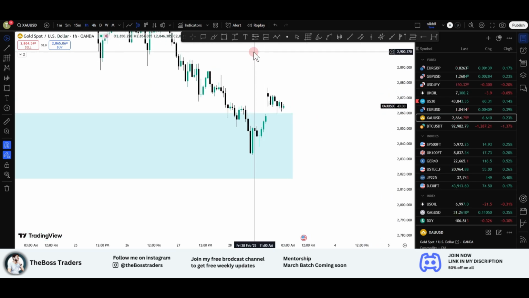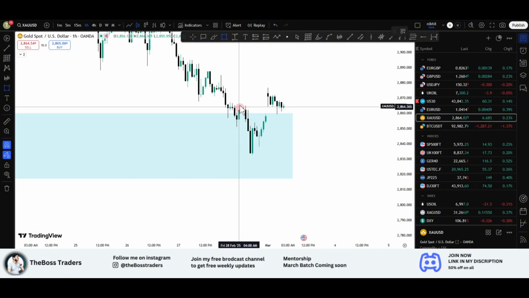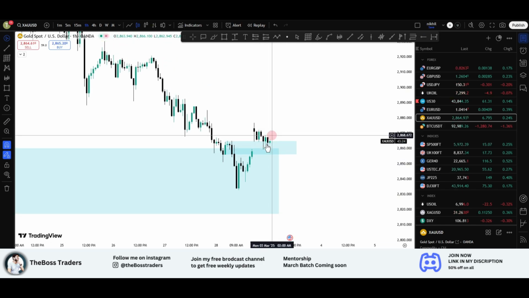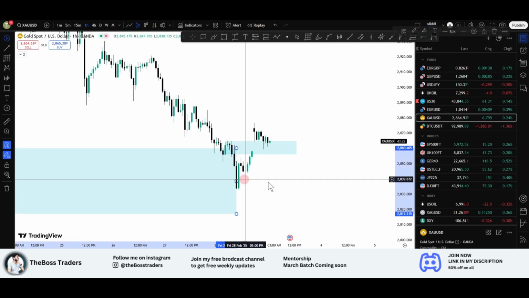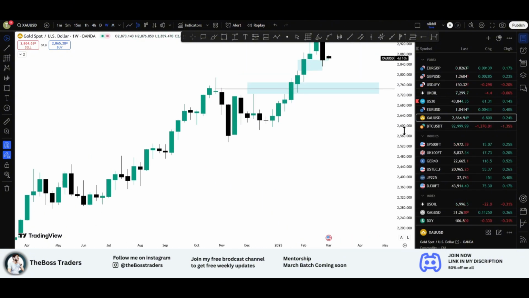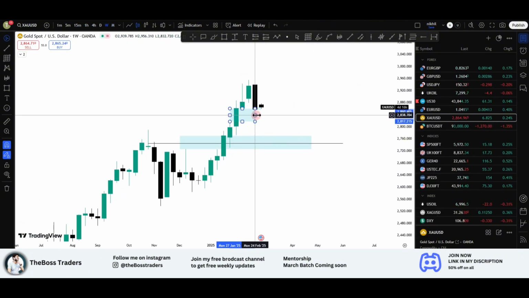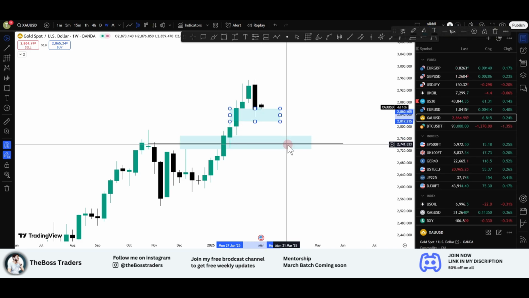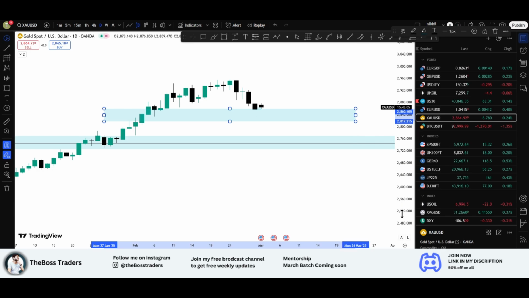Yeah, we do have a change of state in delivery on the hourly time frame. Let's see if we sustain this or not, because a higher time frame fair value gap always supports. If not, if we break below this weekly gap, we'll definitely go for this monthly fair value gap which we have marked earlier.